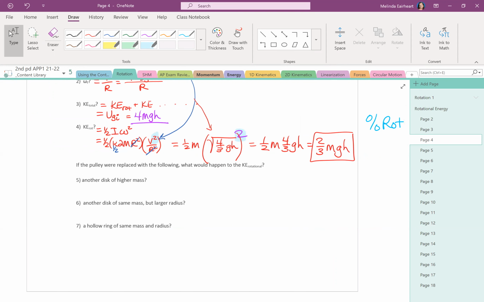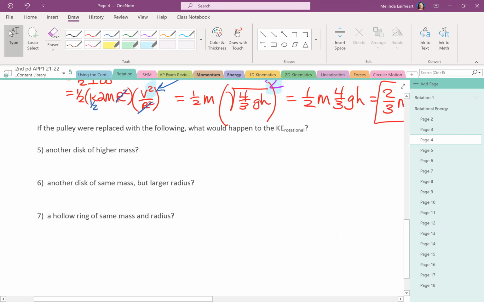Hopefully you feel okay. I know it's day one with energy, but what if the pulley were replaced with the following? What would happen to the rotational kinetic energy? We could also add in rotational and translational. So what if we have another disc on the pulley and it has a higher mass?